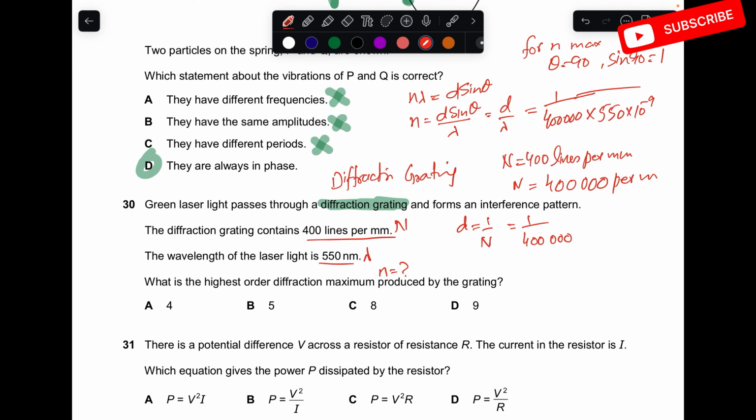Doing the calculation, I will get 4.54. You always round it off towards the downside, so it will be 4.